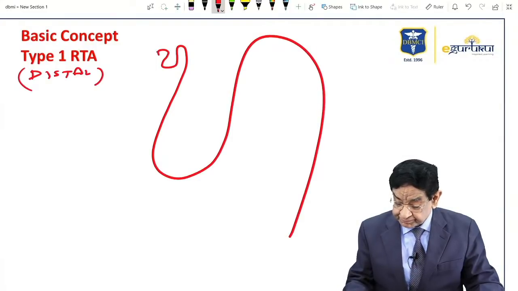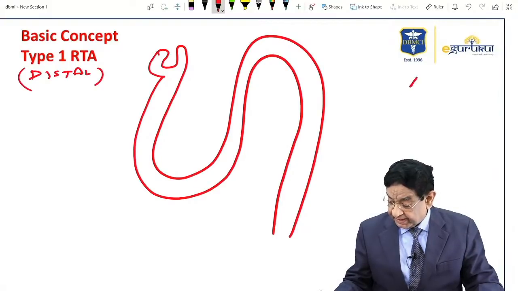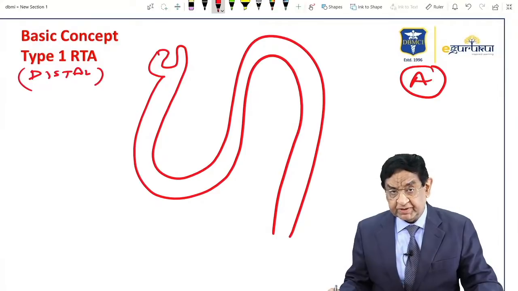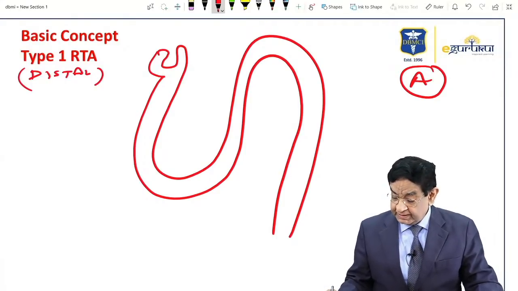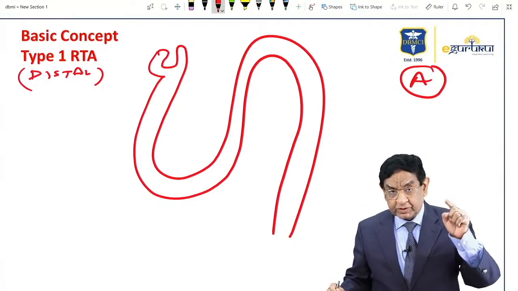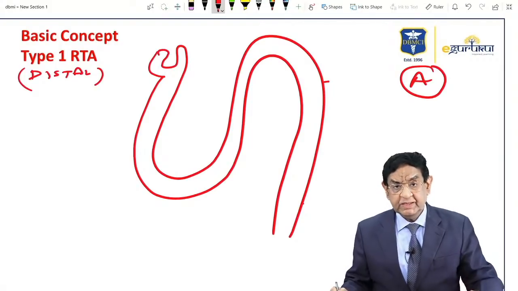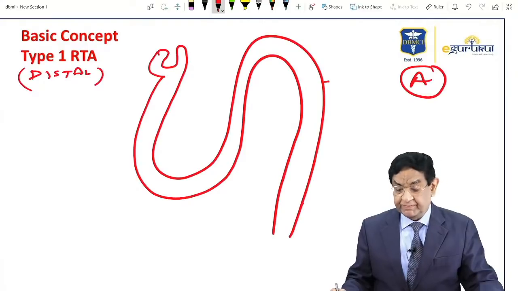Nephron, and we know very well that we have aldosterone which acts on the distal part of DCT and the collecting tubule. I mentioned it in type 4 also. And in type 4, the site of disease was the same, DCT and collecting tubule. Here also, the site of disease is DCT and collecting tubule.